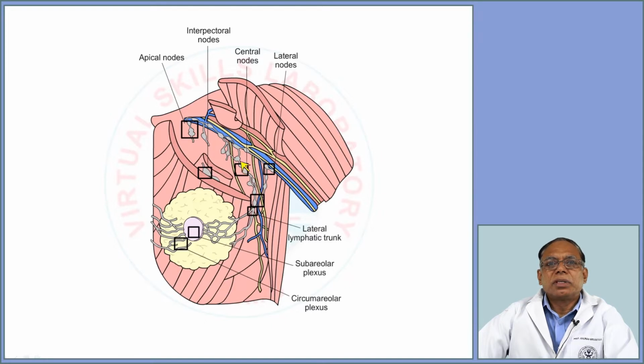And these lymph nodes carry the lymph to the higher echelon nodes, which are then located behind the pectoralis minor muscle, called level 2 nodes. And from there, the efferents arise, going to higher order nodes located above and medial to the pectoralis minor muscle, called level 3 or apical axillary nodes.